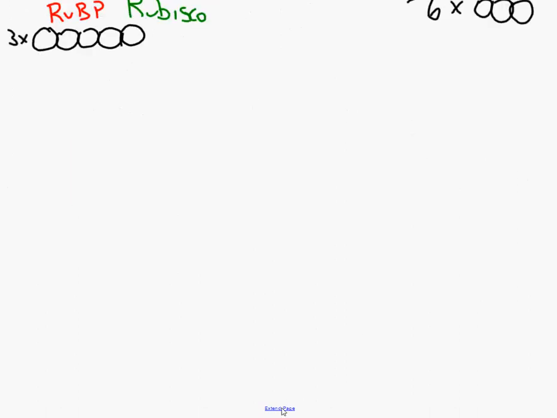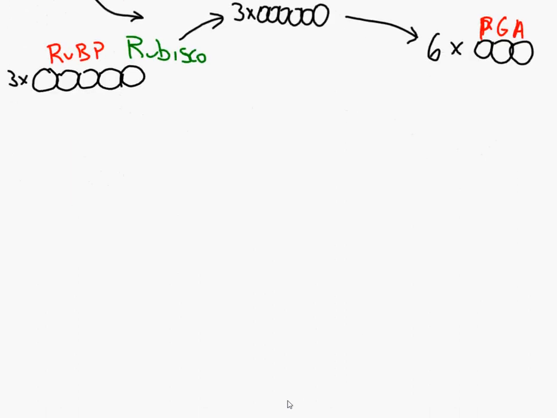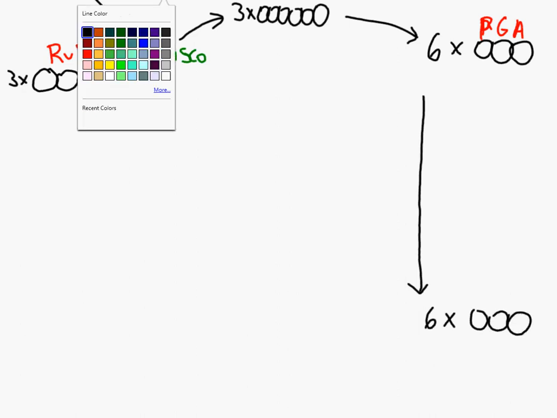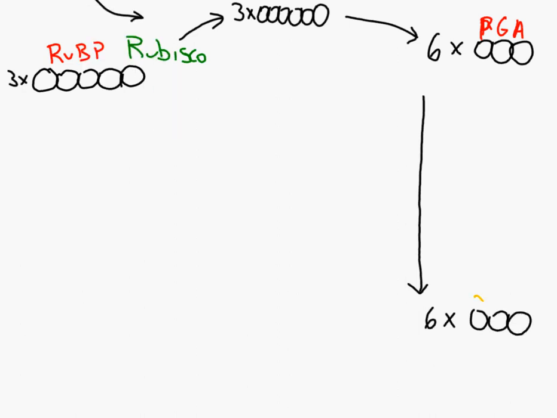Now at this point, these molecules are ready to be manipulated. They're not going to have any more carbons added to them, but they're going to be energized. And so I'm going to draw a little thing around it to show that it's been energized. The way that these molecules are going to be energized is twofold.